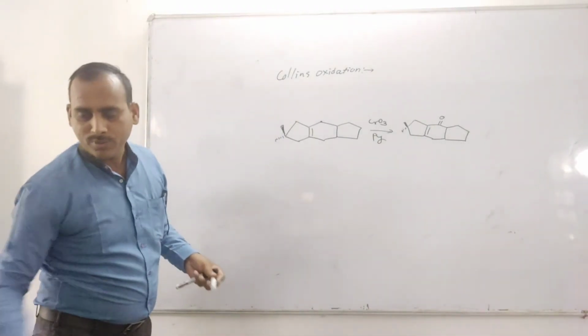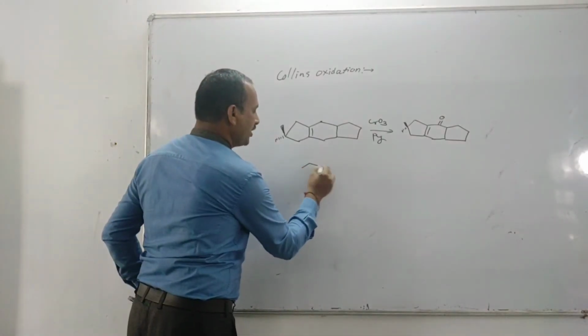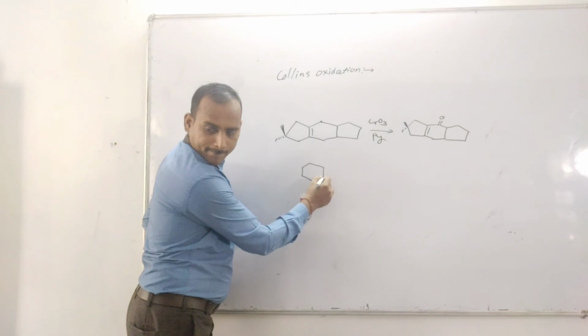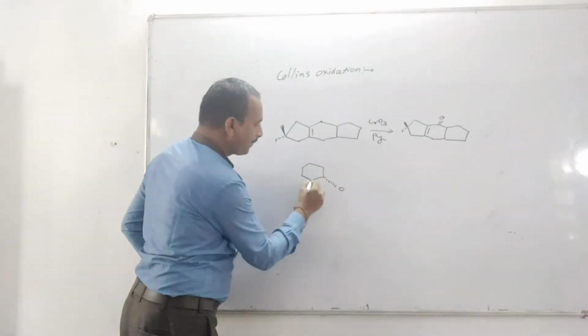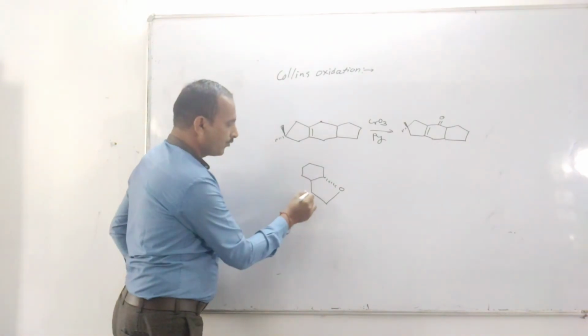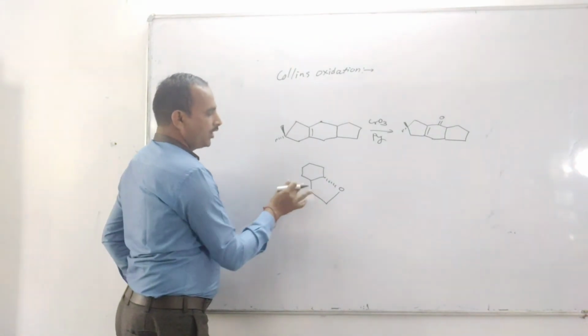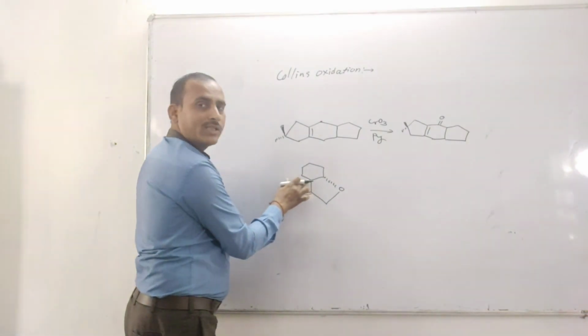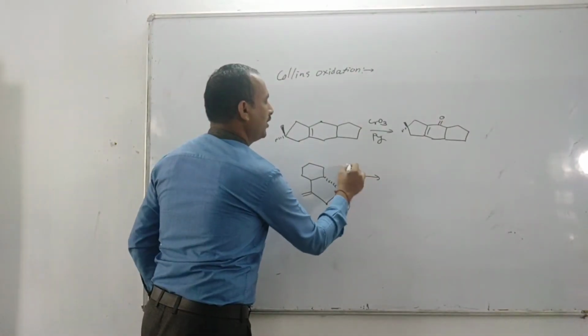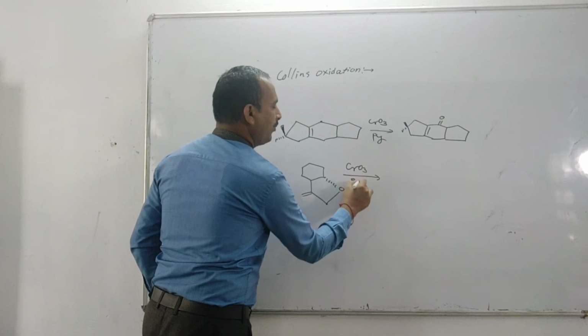Another example of allylic oxidation: here is a double bond. Now at this position there is no oxidation. So at this position there is oxidation by using chromium trioxide and pyridine.